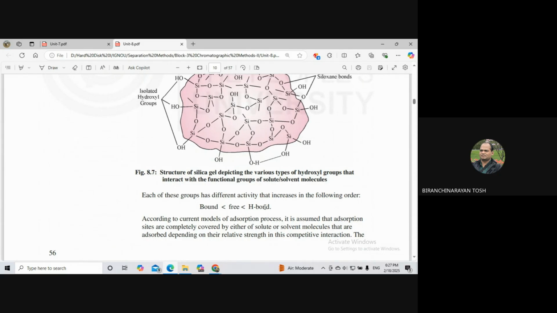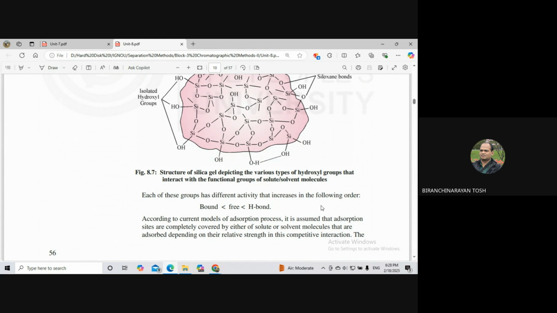So according to the current models of the adsorption process, it is assumed that adsorption sites are completely covered by either solute or solvent molecules that are adsorbed depending on their relative strength in this competitive interaction. The competition between the solutes and the mobile phase molecules for an active site provides the driving force and selectivity in separation.